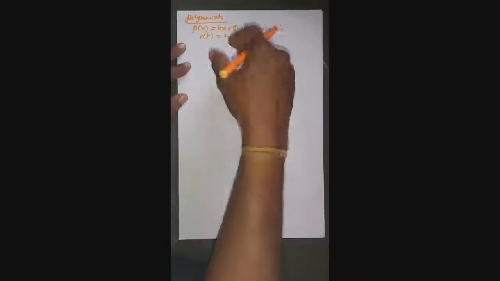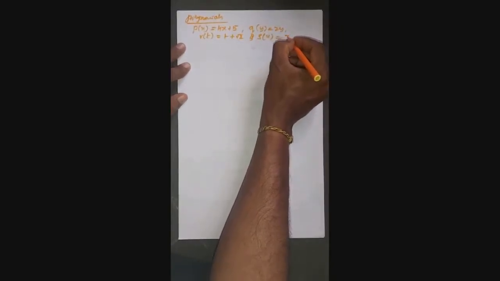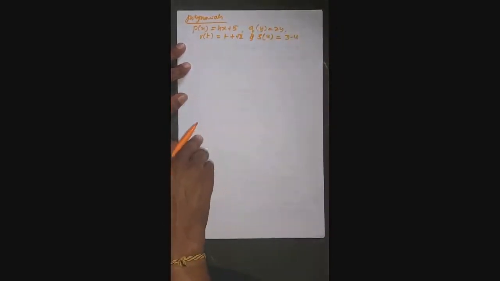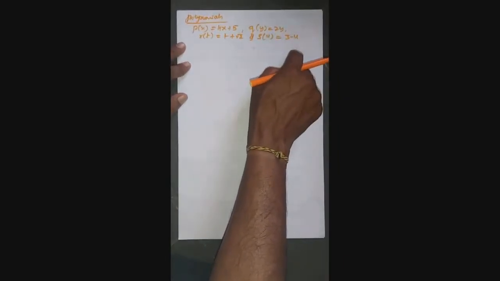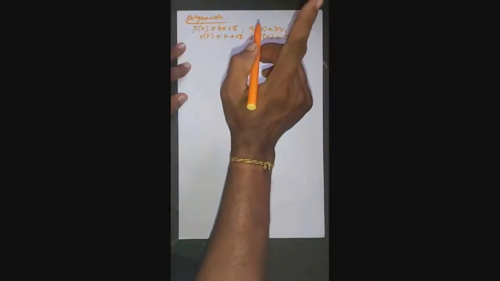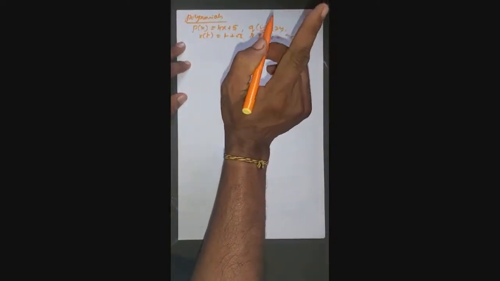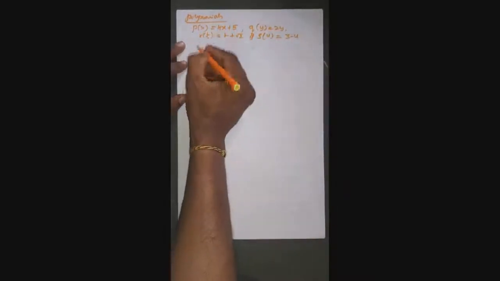See, and s of u is equal to 3 minus u, right? See, do you see anything common among all of them? See, the degree of each of these polynomials is 1, right? A polynomial of degree 1 is called a linear polynomial.